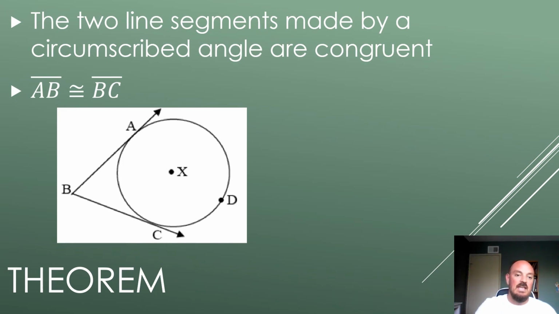Basically, AB is congruent to BC. So if you draw two tangent lines starting at the same point, the distance from that point to each point of tangency is going to be the same.